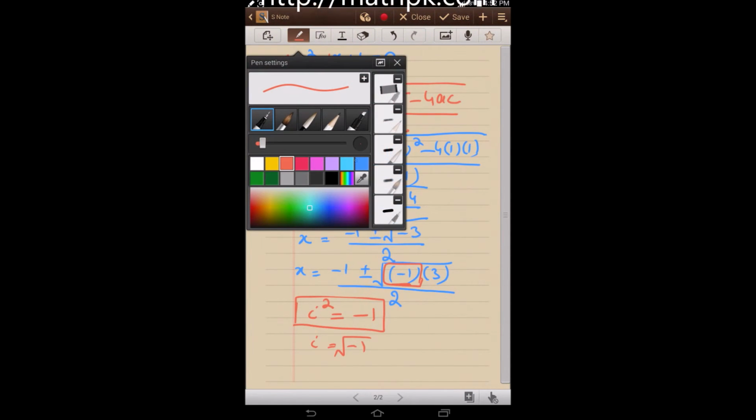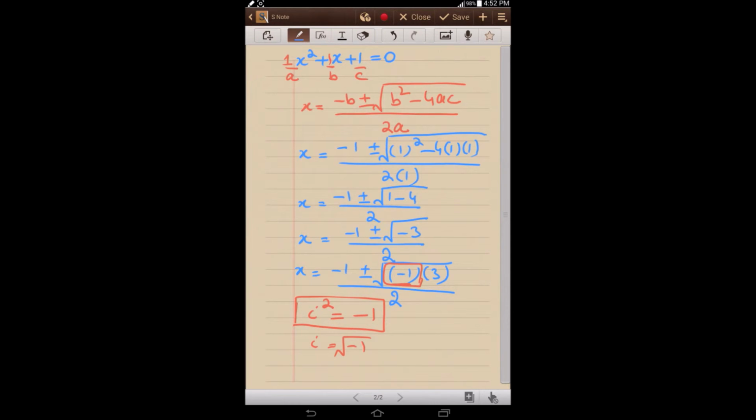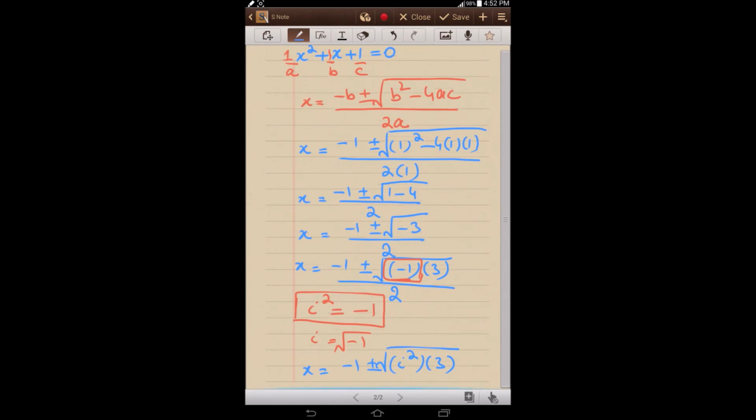So what we can do here, we can write x is equal to minus 1 plus minus square root of iota square into 3, divided by 2. So we will continue on the next page.